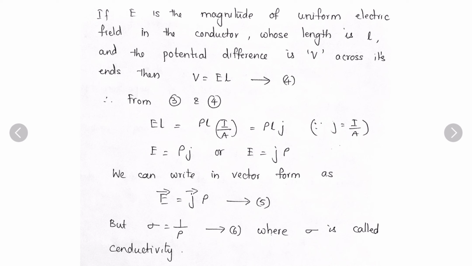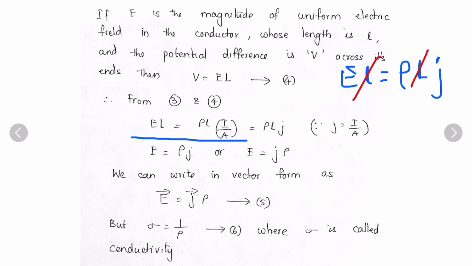Then we get EL is equal to rho L I by A. Just now I told you I by A is J, that is current density. Then EL is equal to rho L into J. And on both sides L and L cancel. Now you will get E is equal to rho into J, or E is equal to J into rho.